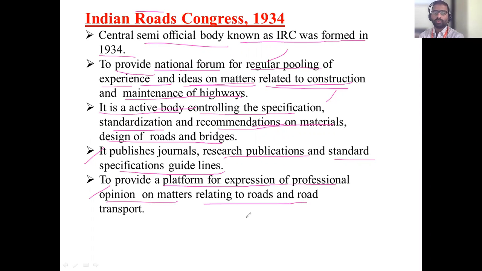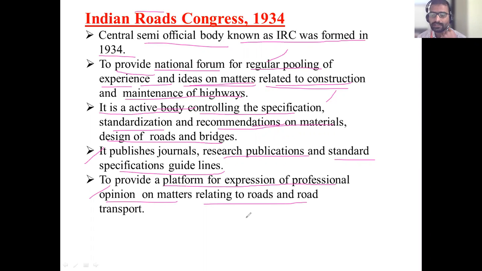If I am a transportation engineer, after civil engineering, if I go for post graduation in transportation engineering, then using my technical knowledge, I can give my opinion to the IRC body.